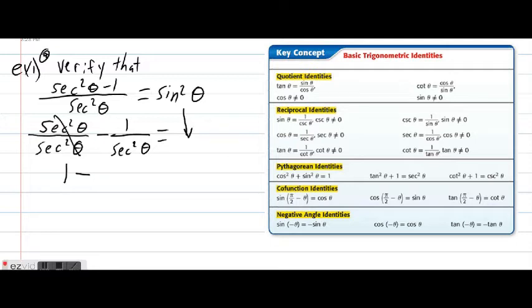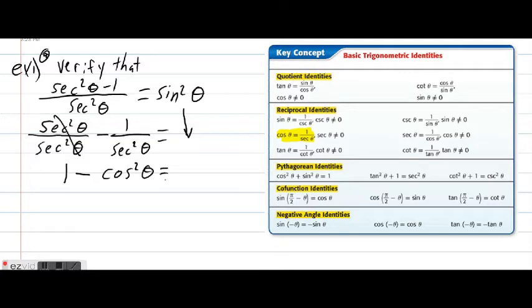Well, 1 over secant is right here. Alright, so 1 over secant is equal to cosine. So I can actually write this as 1 minus cosine squared of theta.